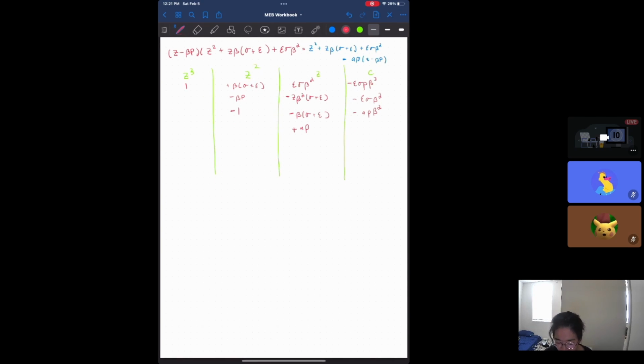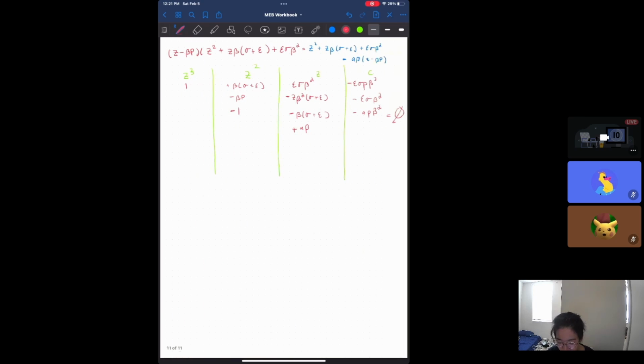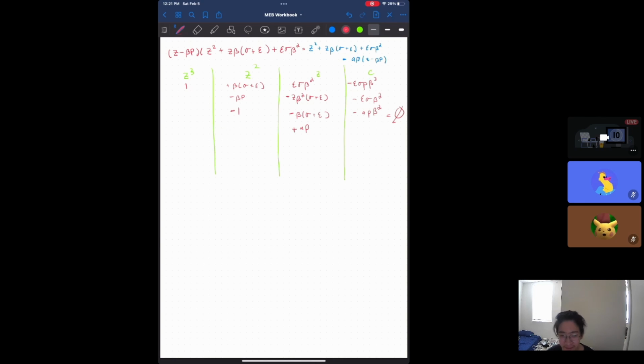This tabulated form of expression is equal to 0, and this is our cubic polynomial form of the cubic equation of state with respect to the compressibility factor z.